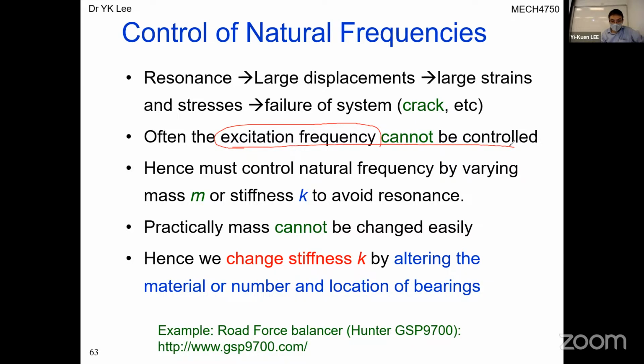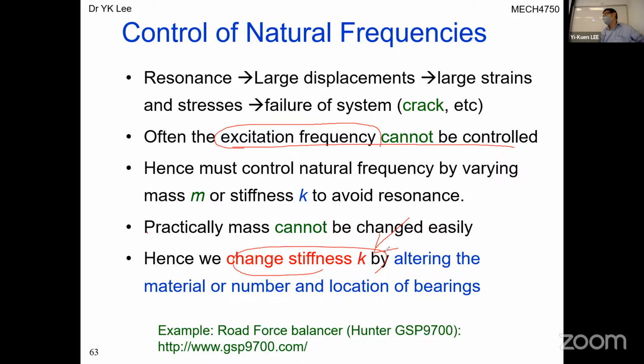On the other hand, we can consider how to change the mass or stiffness to minimize the resonance problem, right? When we look at M and K, tuning the inertia, the mass, may also be difficult. So one possible way, most likely, is to change the stiffness of the mechanical system.